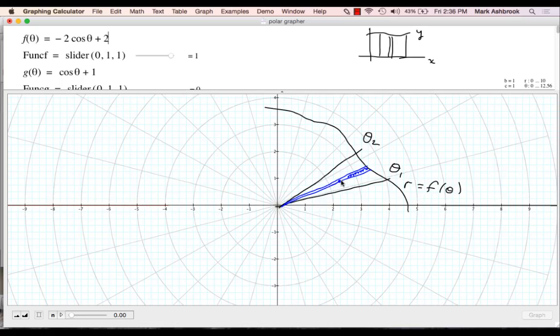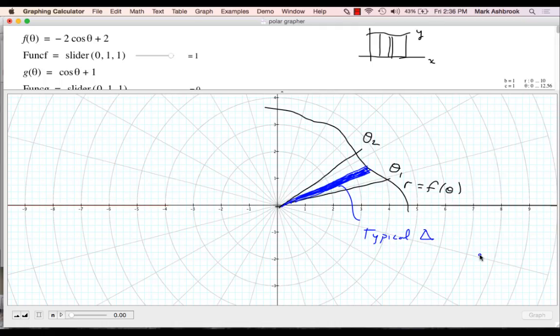Here, I'll fix it. What shape is that? Triangle. So our typical piece when we're going to find areas in polar coordinates is going to be a typical triangle.